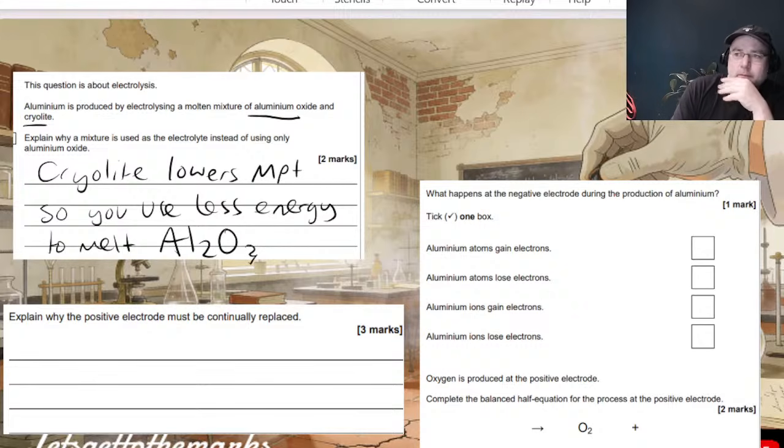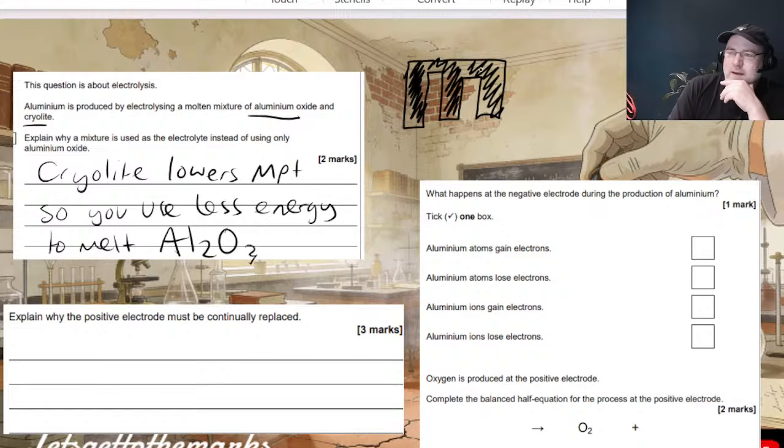Now, here's the problem with the electrolysis of aluminium oxide. It uses carbon electrodes, which they always use, and the carbon electrodes have to be replaced.